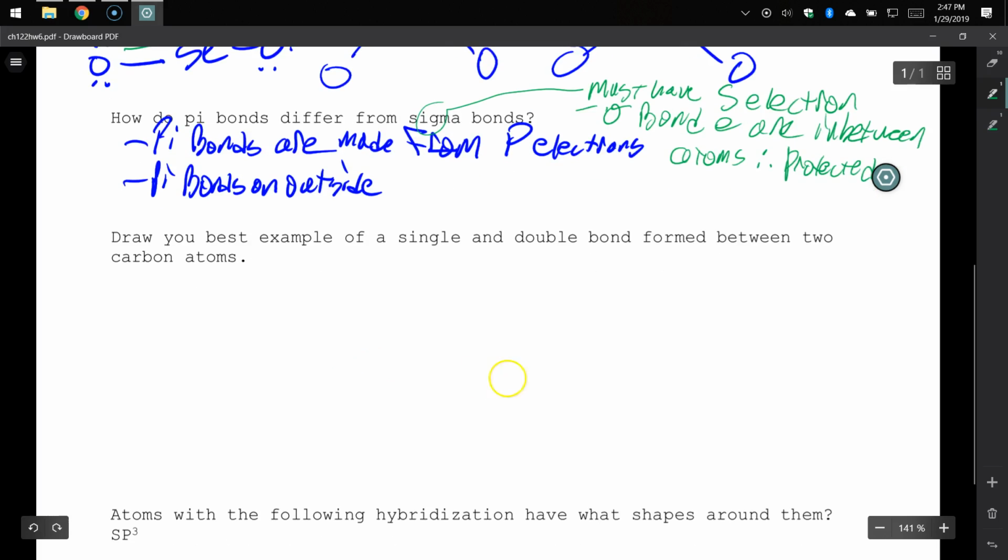Draw your best example of a single and double bond between two carbon atoms. Okay.